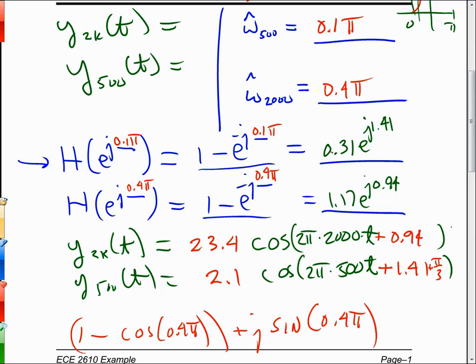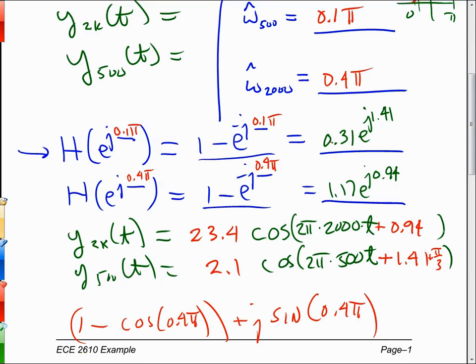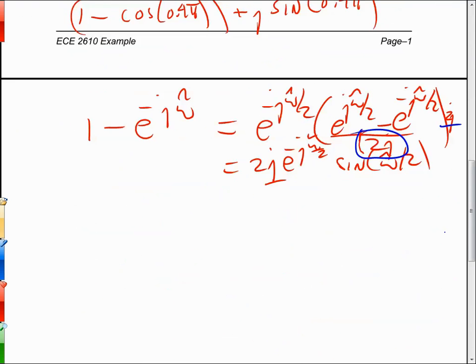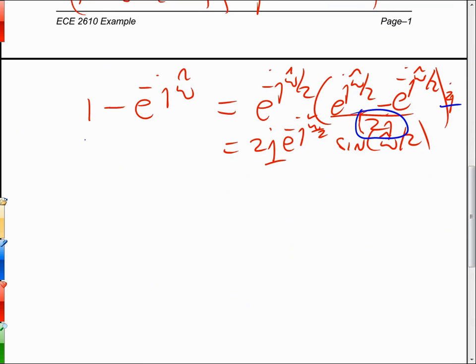The L was part of the impulse response of the moving average filter. Remember, it's 1 over L times the average of the present and L minus 1 past values. So that's just associated with that particular type of filter. So if we were given delta and we derive the frequency response from that, then we could plug into the frequency response? Yeah. You gave us the actual impulse response.